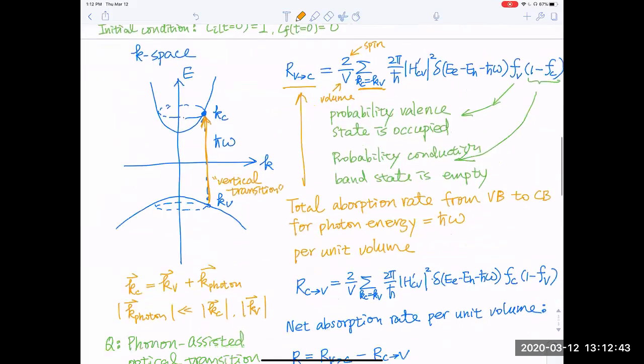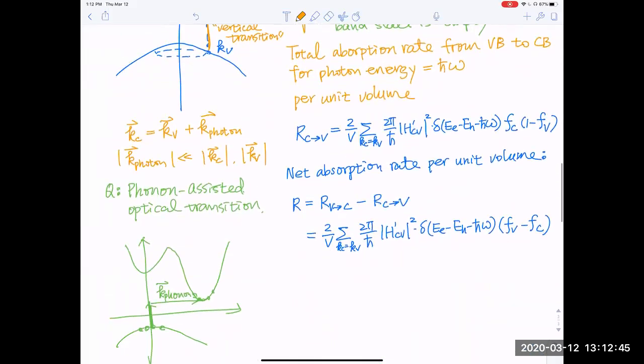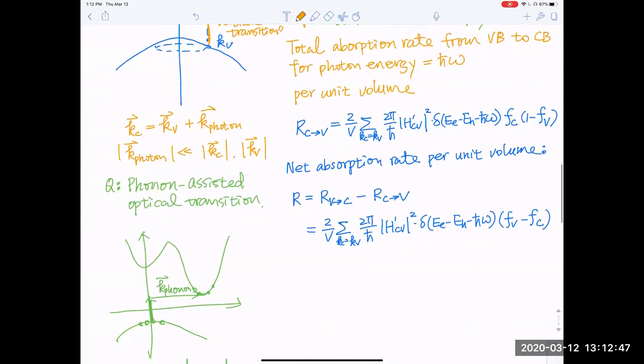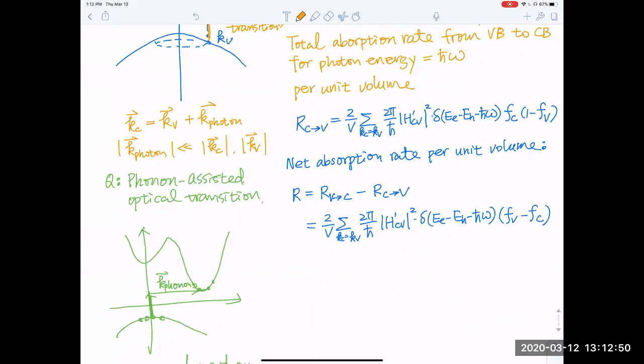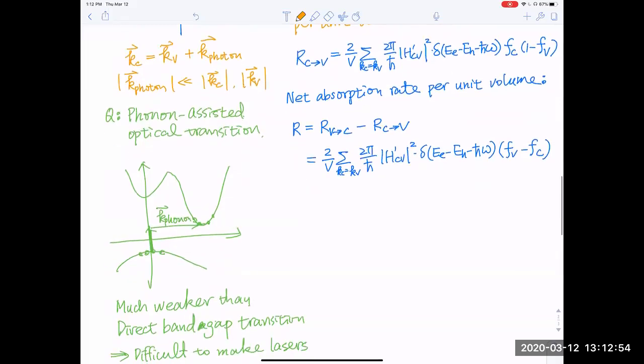Okay, all right. So now we have a net transition rate. Again, the net transition rate is the transition per second per unit volume. What we often need is the absorption coefficient.